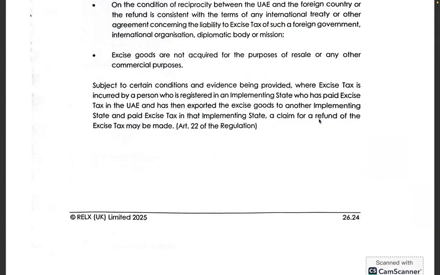A claim for a refund of the excise tax may be made. That's another unique scenario.